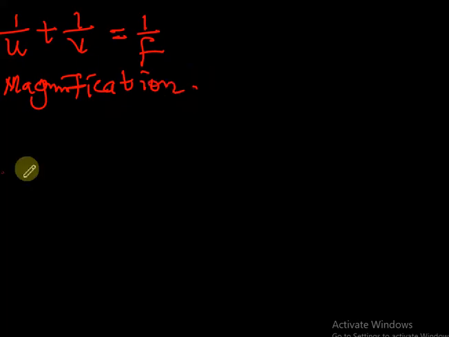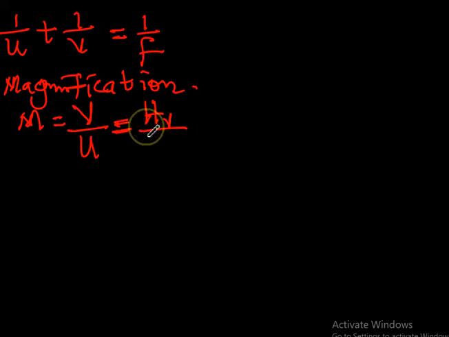You call that magnification m. Magnification is size or height of an image over size or height of an object, which is image distance over object distance, or image height over object height. So from this mirror's formula, you can get other expressions for magnification.